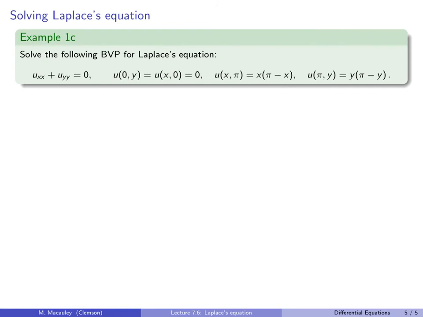Okay, so here's the last example. So we have this boundary value problem. This is Laplace's equation. We have 0 boundary conditions here, and then we have these 2 non-zero boundary conditions in the back. So let's sketch this before. So this is the x direction. This is the y direction. This is the point 0, 0.